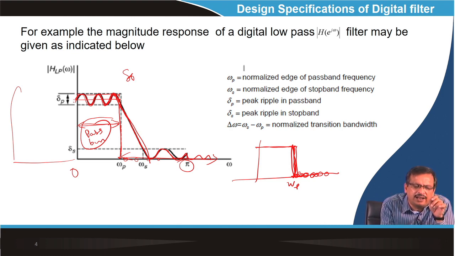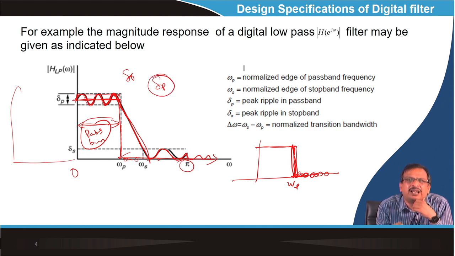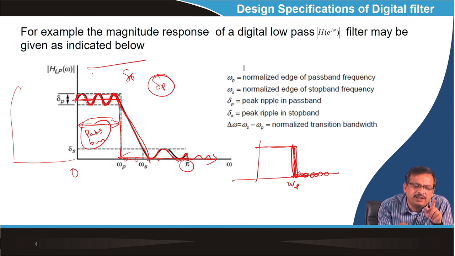If there is a middle line here, I can say there is a variation of plus del p and minus del p. So this del p is called the pass band ripple. There will be a variation instead of a straight line, and that variation is called ripple. Since this ripple exists in the pass band, it is called pass band ripple.